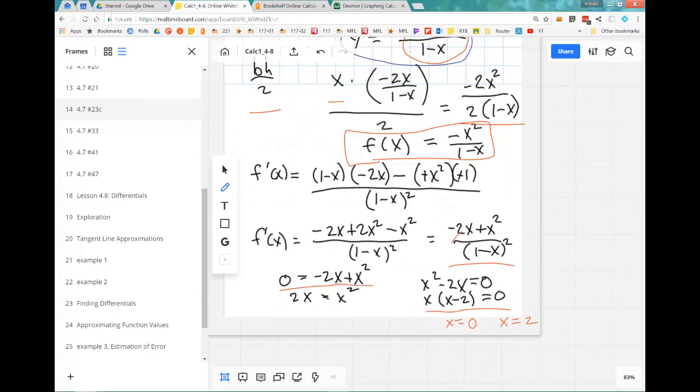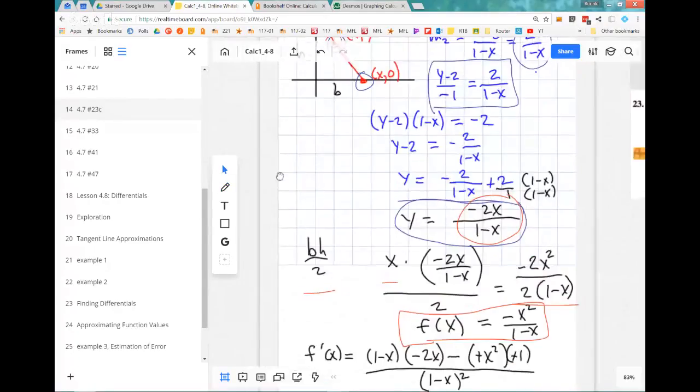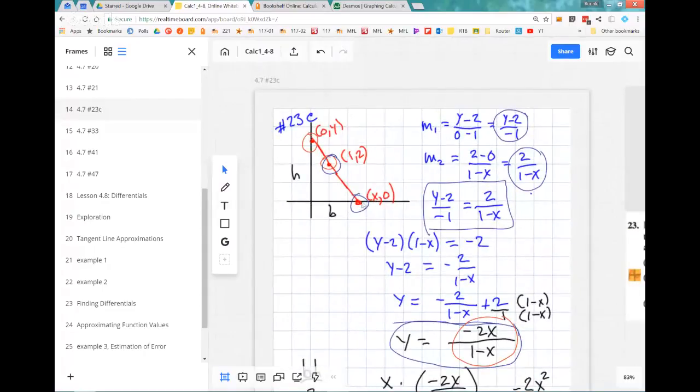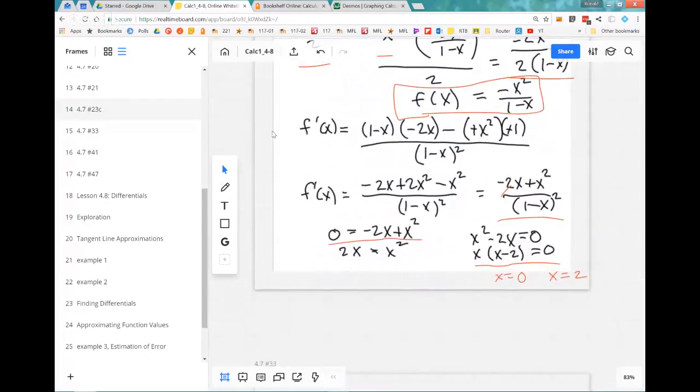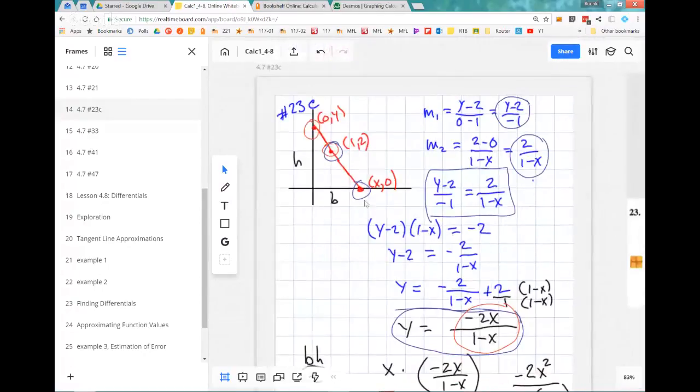Now, x of 0 makes no sense, because if you go back to the picture, what happens if I make x 0? Well, then this triangle is gone. It just collapsed. So that can't be it. But the other one, there's your solution. When x is 2, when this is the point (2, 0), you will have a minimum area.